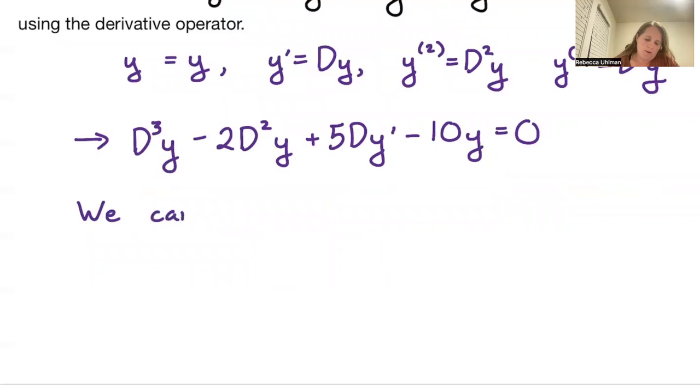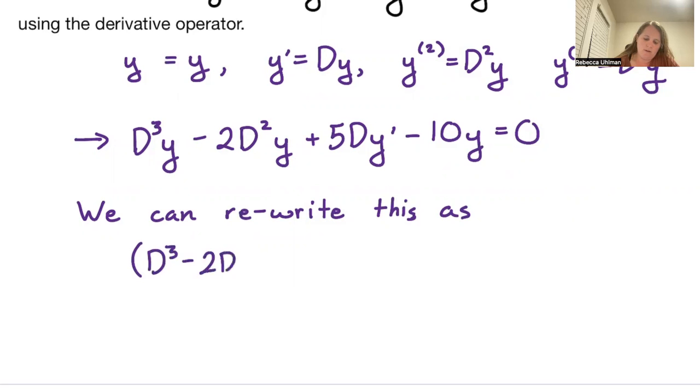And then we can rewrite this in an alternative format, as the operator D cubed minus 2D squared plus 5D minus 10 on y is equal to 0.